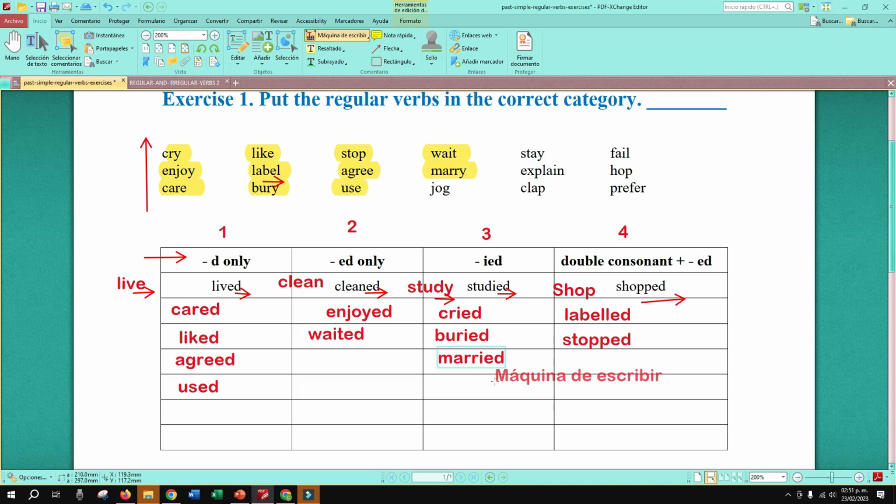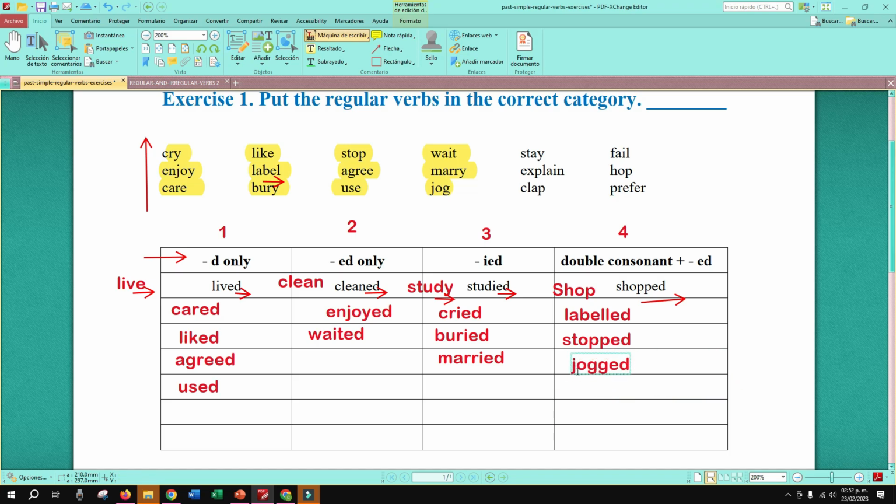Married. Nice. What about jog? One. No. Two. No. That's not. Listen, you have your consonant and vowel consonant. So, that is in the last one. Jogged. Four. That is in number four, right?